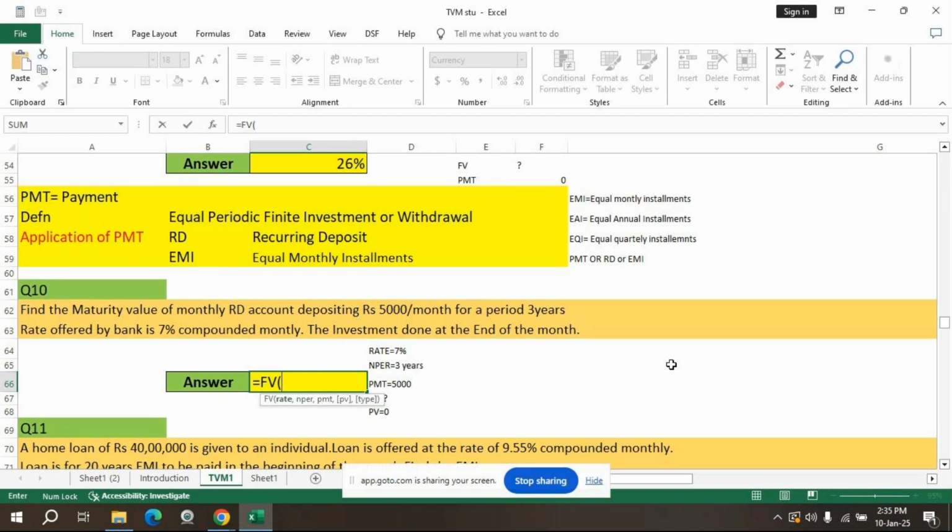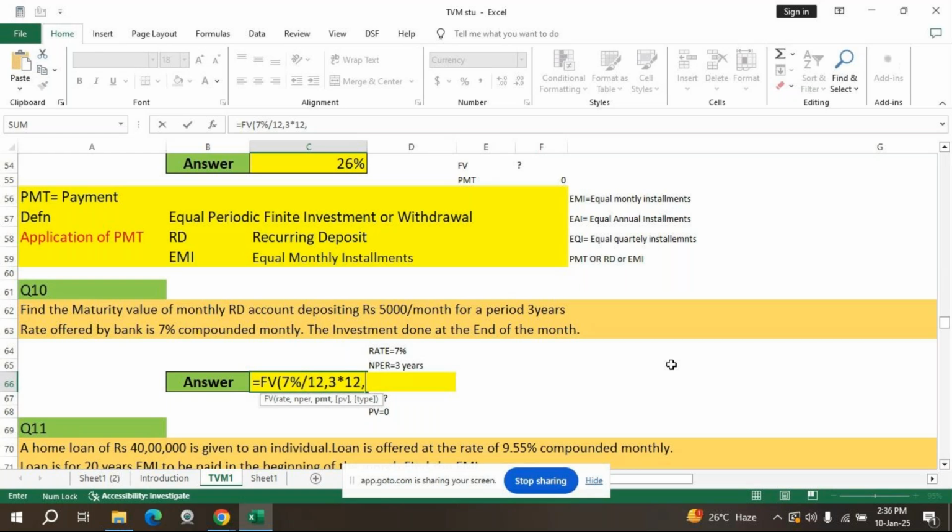The rate of interest is 7%, divided by 12 since it is monthly, then comma nper, the number of periods multiplied by 12, then comma PMT.